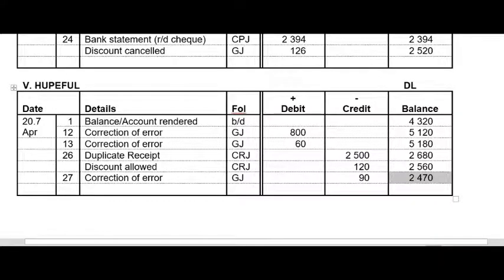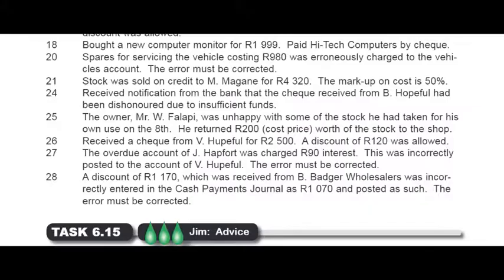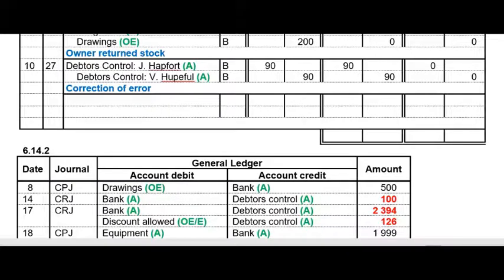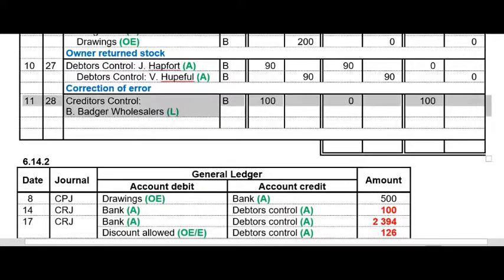2,470 Rand. And then the last transaction says a discount of 1,170 Rand, which was received from B Badger Wholesalers, was incorrectly entered in the CPJ as 1,070. So to correct this error, we must debit creditors control because we received more discount than we thought.